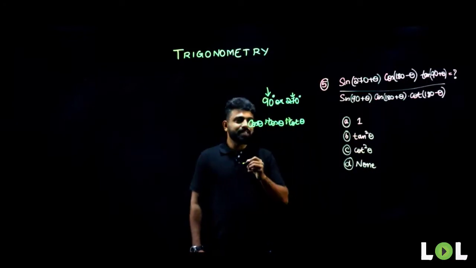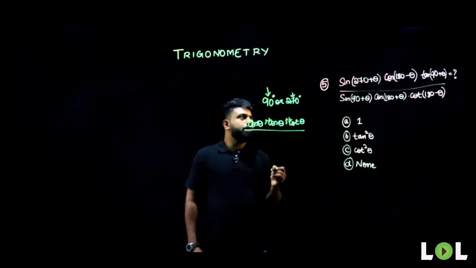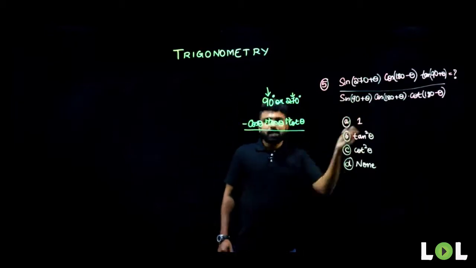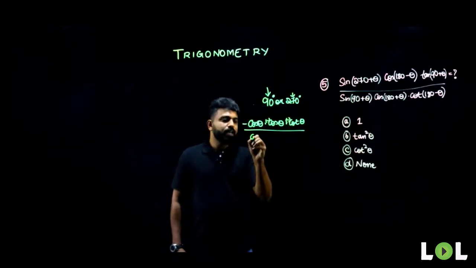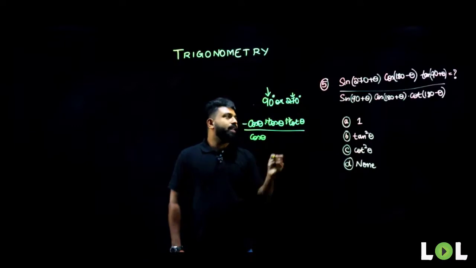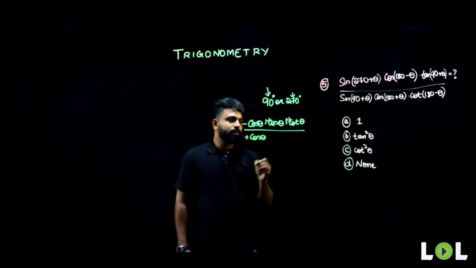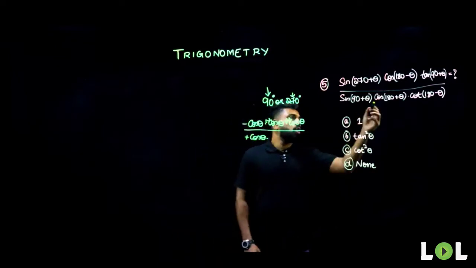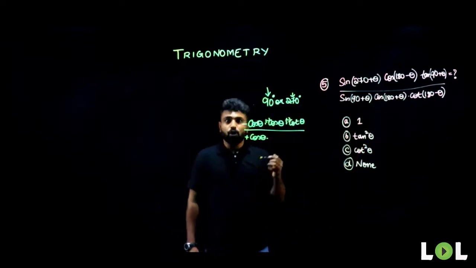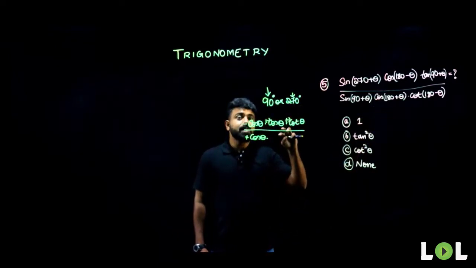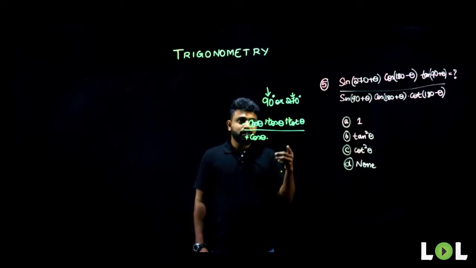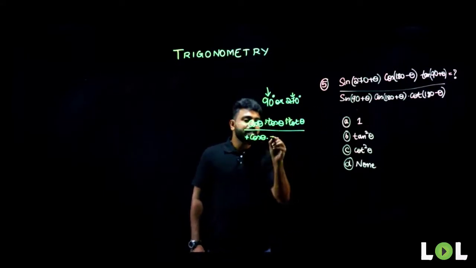So I should take this as negative, divided by sine of 90 plus theta. Again, I told you it will be cos theta, and it is in the second quadrant, so sine is positive, into cos of 180 plus theta. Cos of 180 plus theta, meaning it is in the third quadrant. So what is the value of cos in the third quadrant? It is negative.